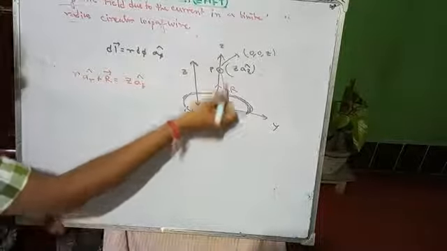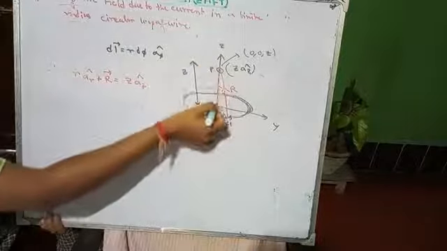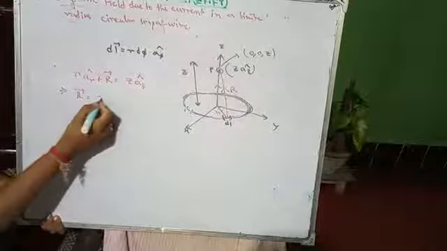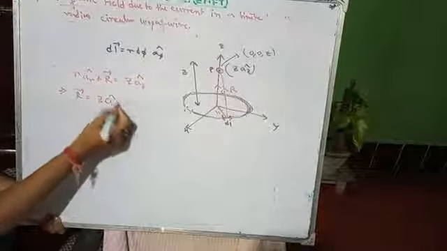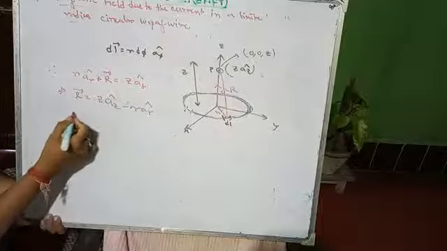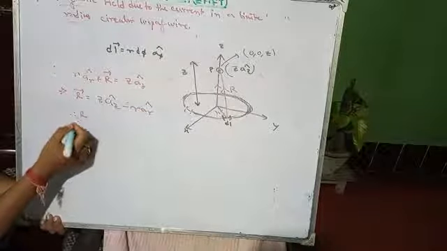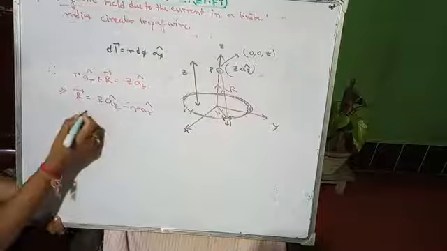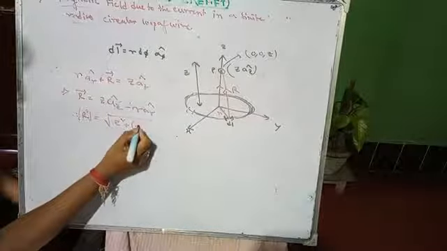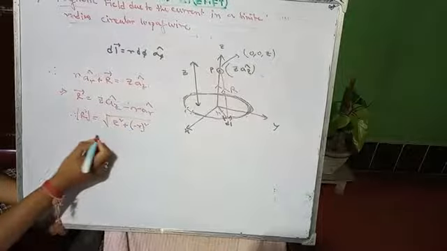Because this one added with this one will result in this one. So R vector equals Z a_Z cap minus R a_R cap. So modulus of R equals root over of Z square plus R square.